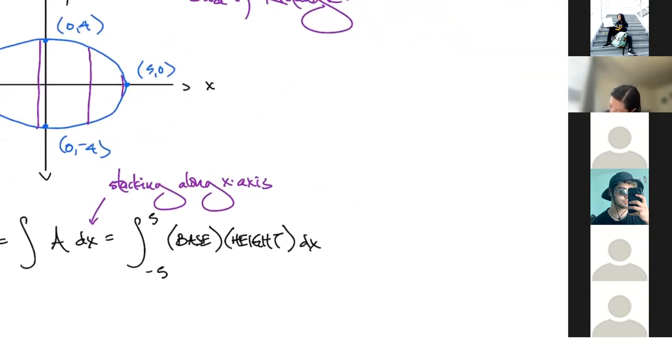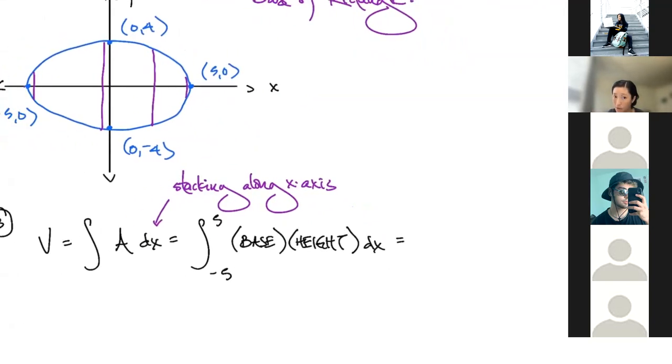But we could also say, I'm going to do two things at once here. Because my ellipse is symmetrical about the y-axis, I'm going to double the integral from 0 to 5. So I'm only going to find the volume of this half, and then I'm going to double it so that I find the entire volume.